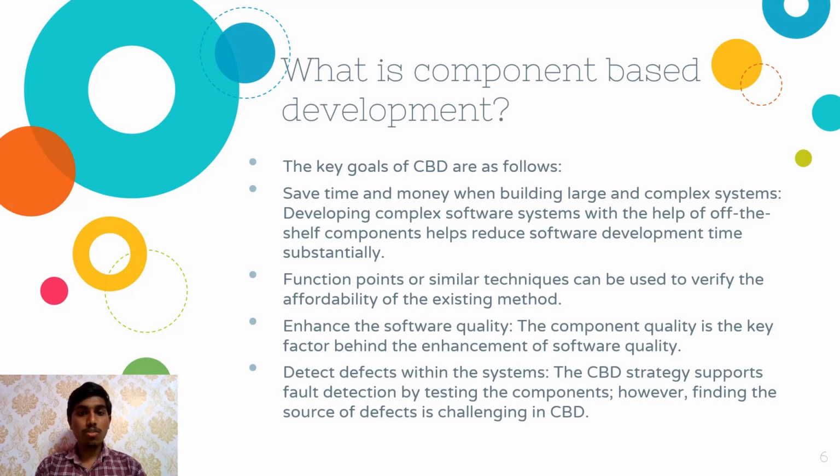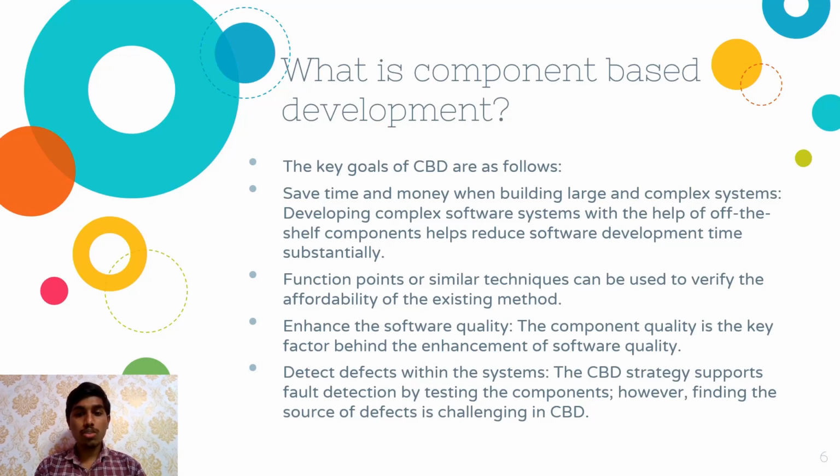The key goals of component-based development are as follows: save time and money when building large and complex systems. Developing complex software systems with the help of off-the-shelf components helps reduce software development time sustainability. Function points or similar techniques can be used to verify the affordability of the existing method.